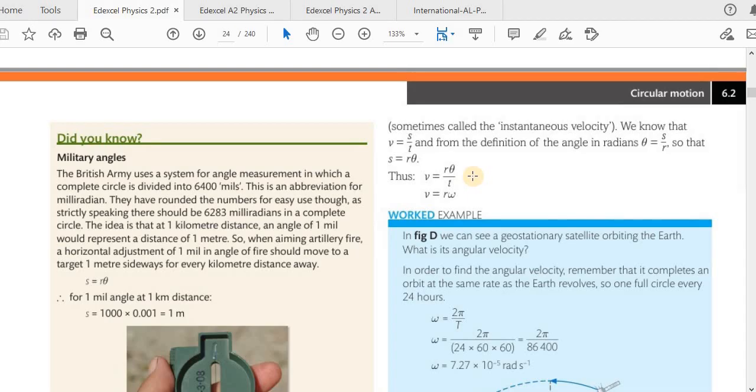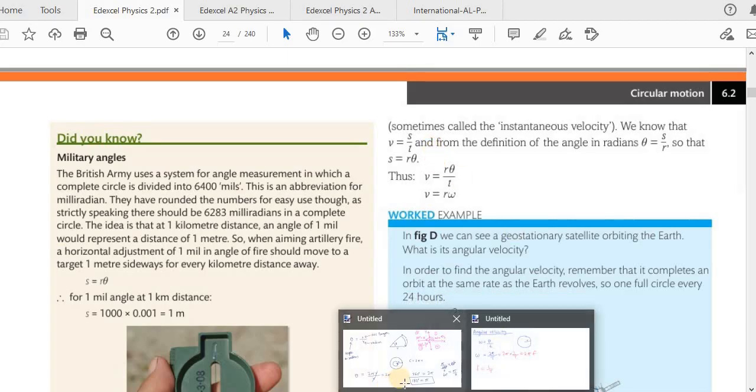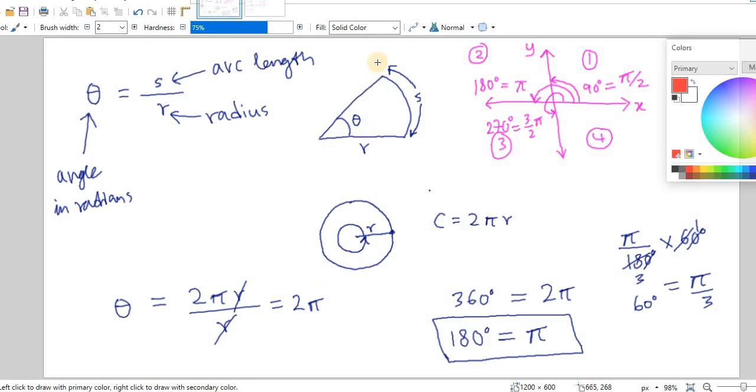Okay, now let's see how you get this. v equals s over t. Now what is s? That is the arc length. So if you go back here, remember this is the arc length, this is the radius.